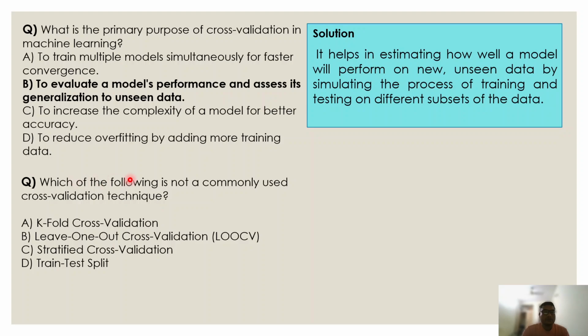Next question is, which of the following is not a commonly used cross validation technique? So these are different cross validation techniques, and one of them is not utilized for cross validation. Okay. So it's a straightforward answer.